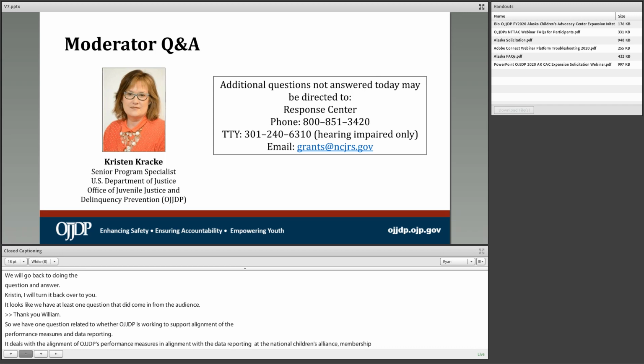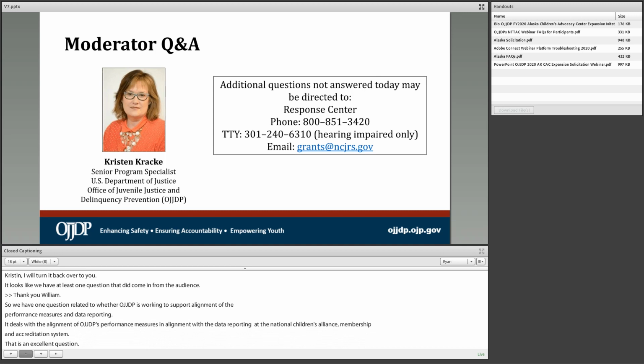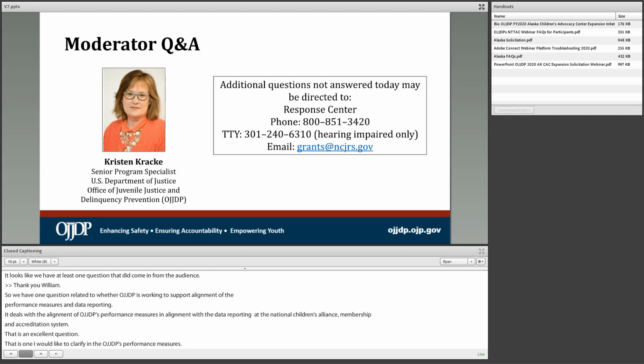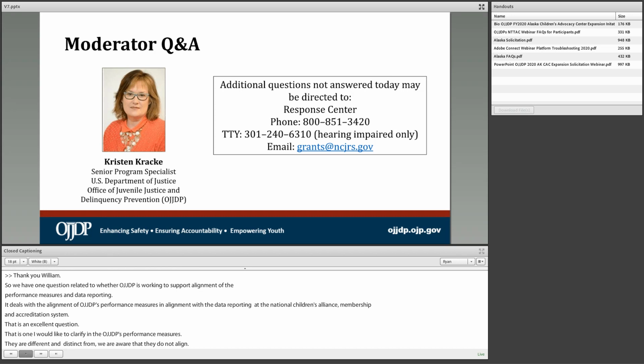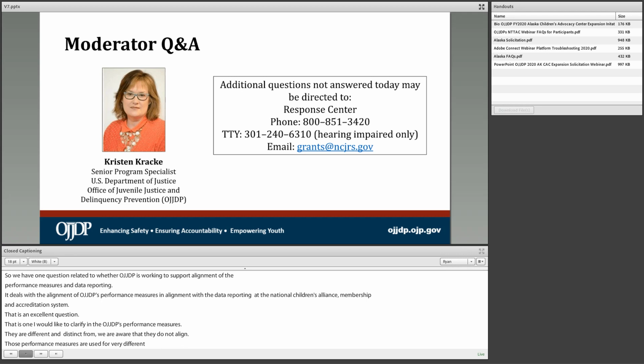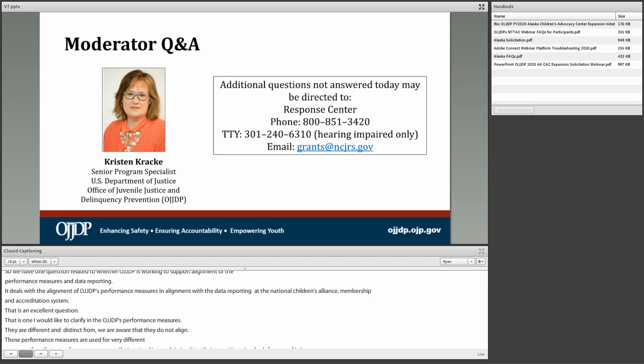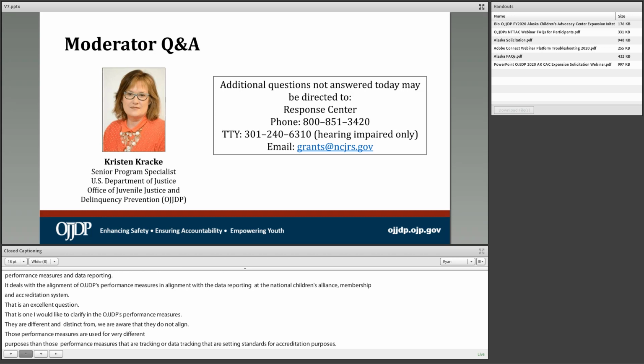I'd like to clarify that OJJDP's performance measures are different and distinct, and we're aware that they do not align, because those performance measures are used for a very different purpose than the data tracking that sets standards for accreditation purposes. OJJDP's performance measures data is statutorily, meaning legislated, for the purpose of assessing the federal government's performance related to the use of the tax dollars in benefiting the victims of child abuse, as the legislation requires under the funding stream. So it's really an accountability measure for the federal government.